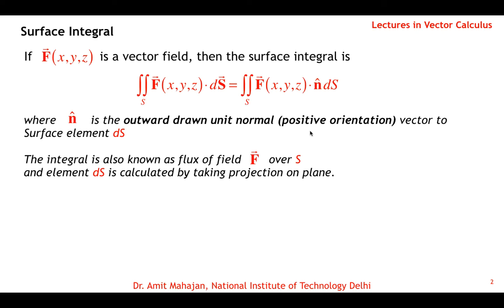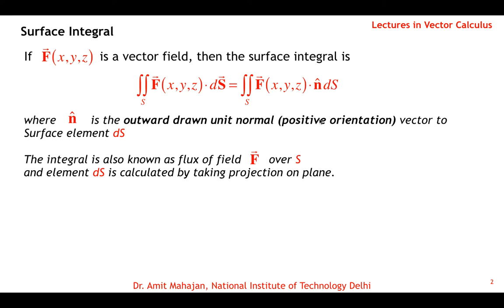And then we need to find out what the dS element is. The element dS is calculated by taking projection on a plane. We can take the projection on either the xy plane, yz plane, or zx plane, and accordingly we can have the dS element. Then we can integrate to find the flux of the field f across the surface.